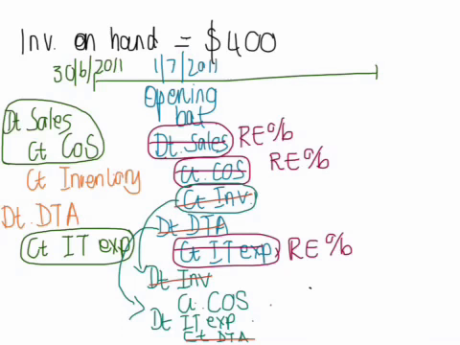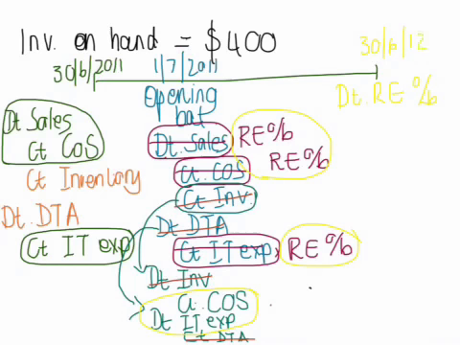So we're left with these accounts and those entries. If we consolidate into one entry, we'll have debit retained earnings opening balance. So this is now on the 30th of June 2012.